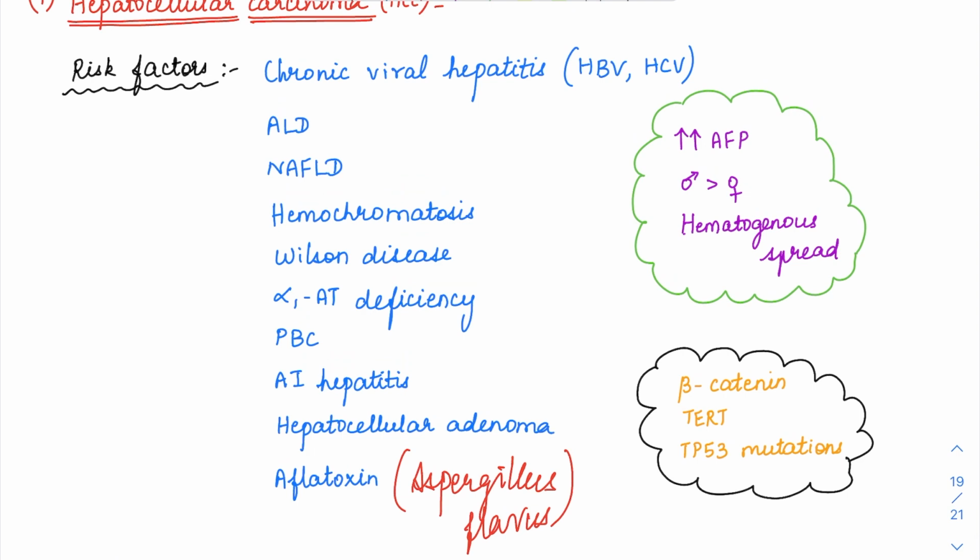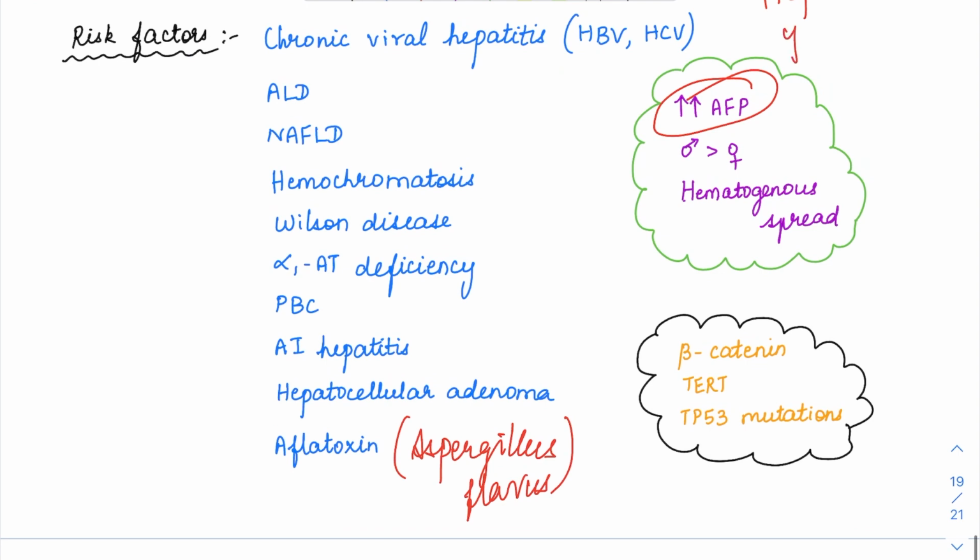In hepatocellular carcinoma, there is usually a male predilection. Around the 40 years age group, males will be affected, and here the alpha fetoprotein levels will be elevated. Where else did we see it elevated? It can also be elevated in hepatoblastoma, which is the most common primary malignant tumor in the liver of a child, and also in yolk sac tumors.